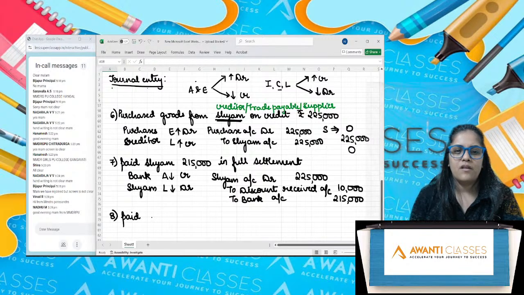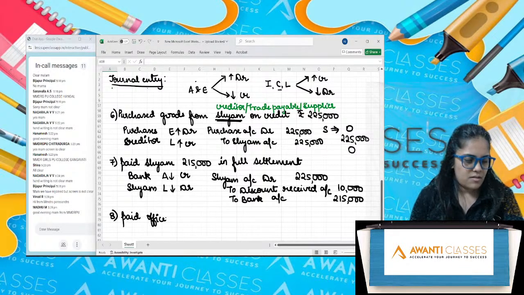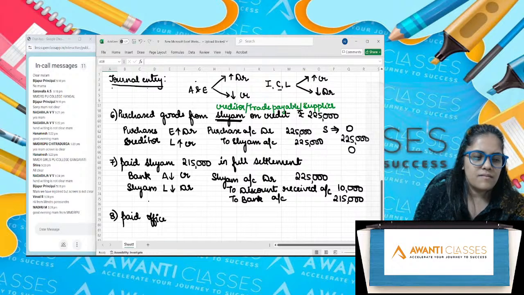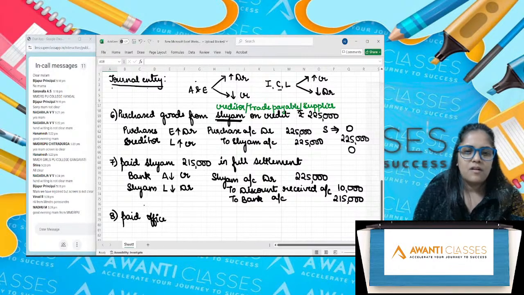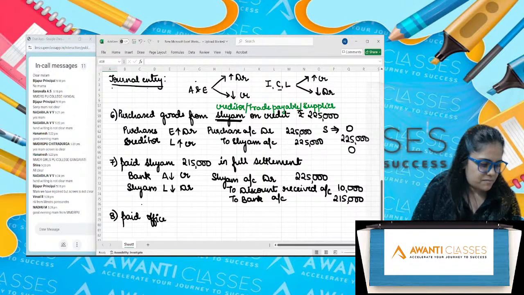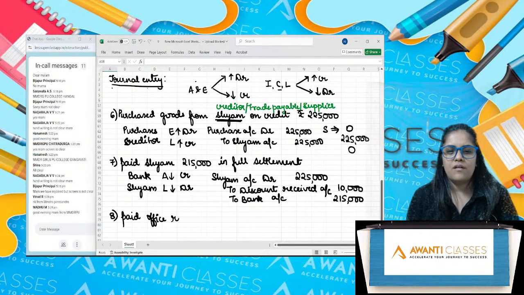Paid office rent, paid office rent, rupees 50,000 and salary rupees 1 lakh.